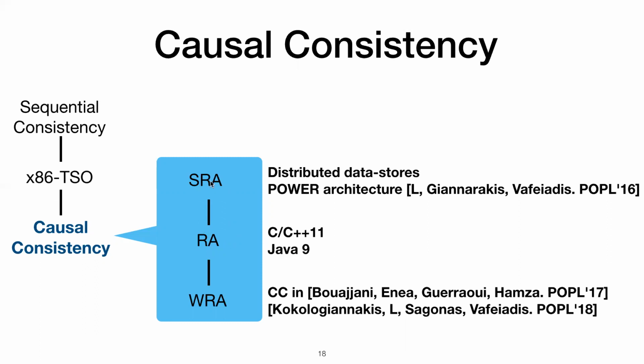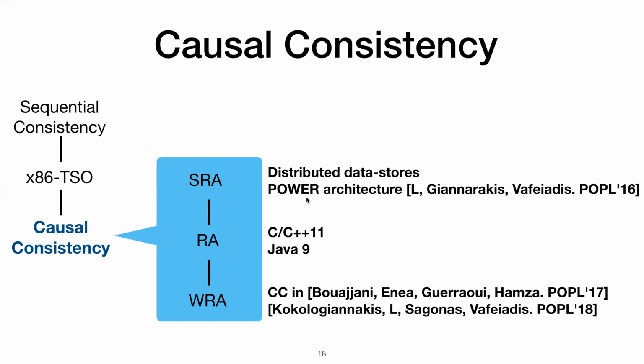You can go to a stronger model called SRA. And in fact, I saw that in distributed data stores, when they say causal consistency, again, there are many variants also there, but very often what they mean is what we call SRA. So I think the most standard distributed data stores causal consistency notion is not RA, rather it is SRA.